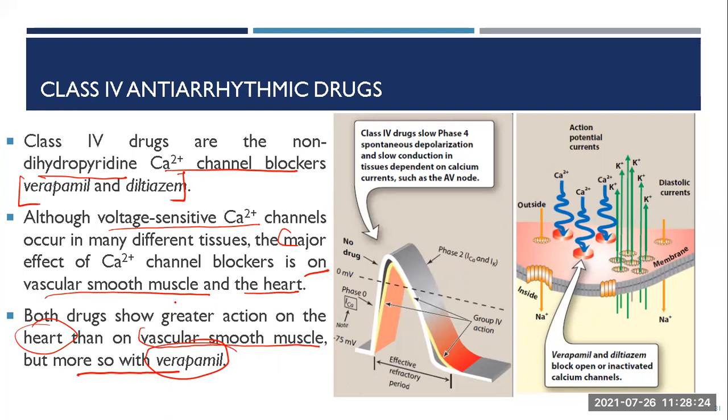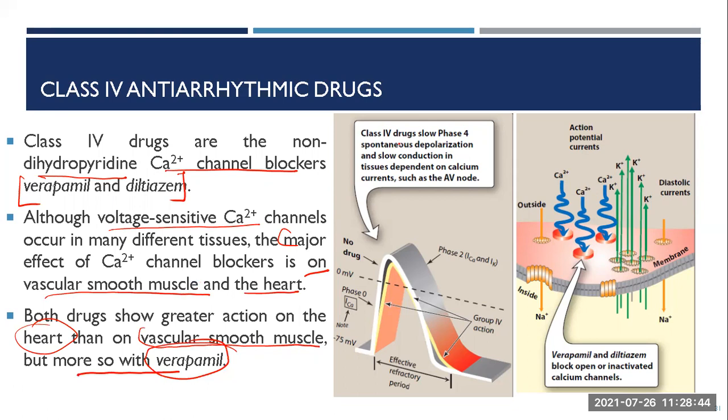It is exactly opposite in the case of amlodipine. Amlodipine has more effect on vascular smooth muscle rather than on the heart. That's why the dihydropyridines are not preferred in anti-arrhythmic treatment.